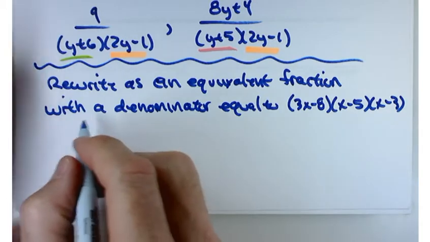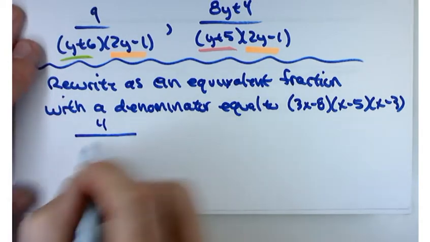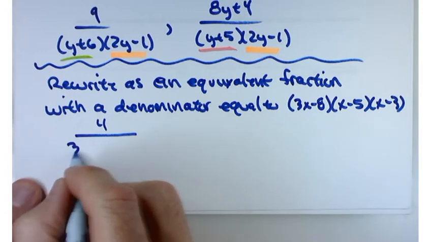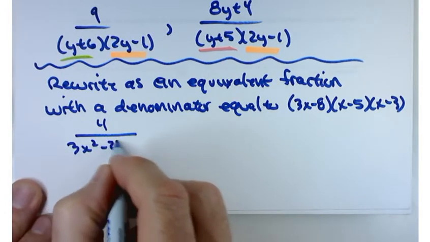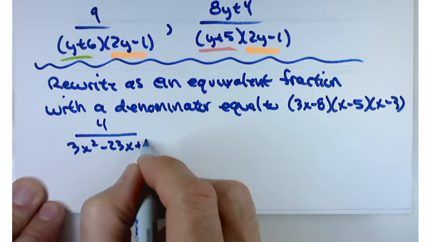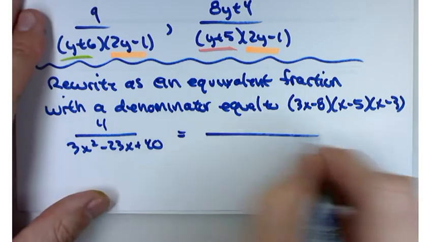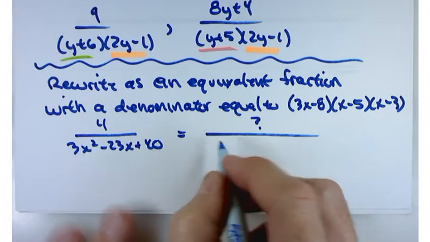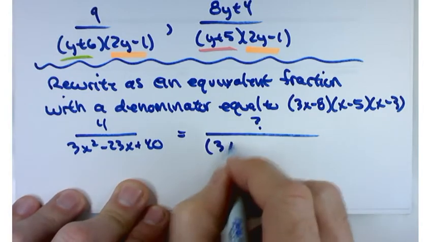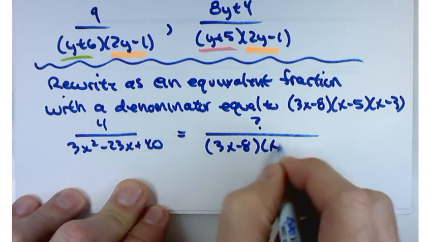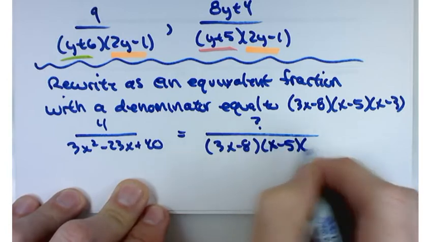Here's the fraction that you're given, though. 4 over 3x squared minus 23x plus 40. Okay. Well, essentially, I want to write that as something over this. The 3x minus 8, x minus 5, x minus 3.